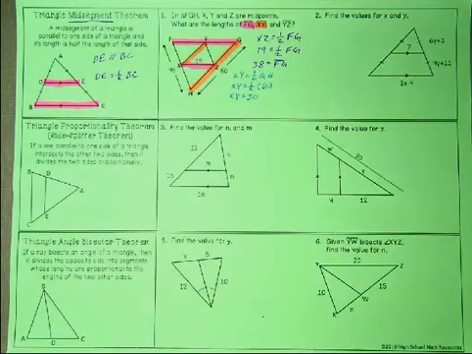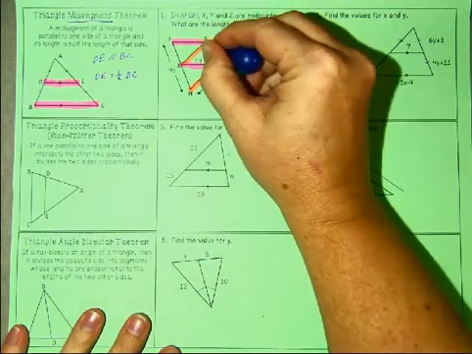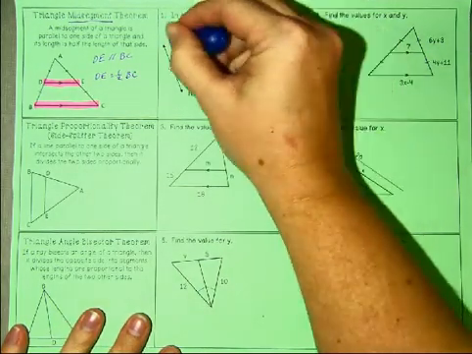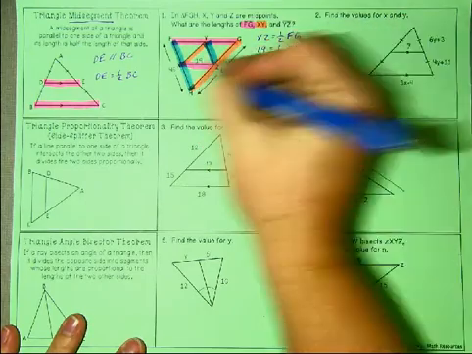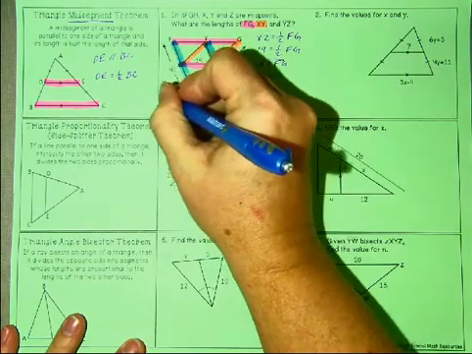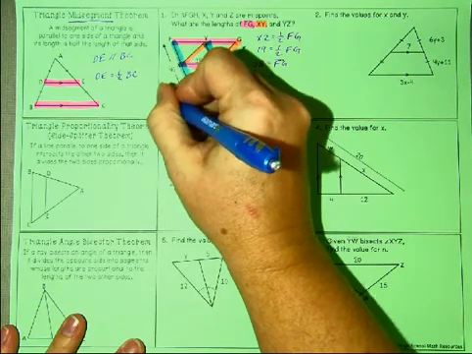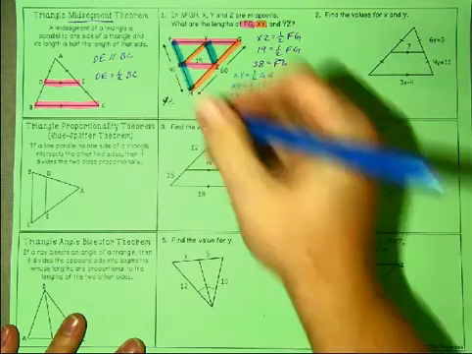So the next one that we have here is dealing with YZ. So for YZ, the side parallel to that is FH. So we have YZ would be our midsegment, sorry.